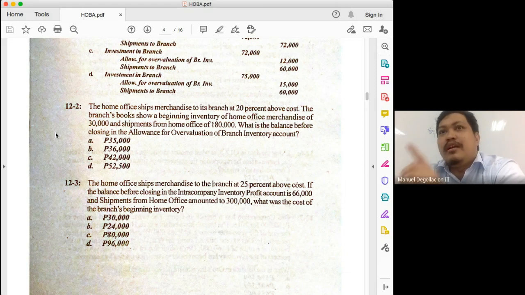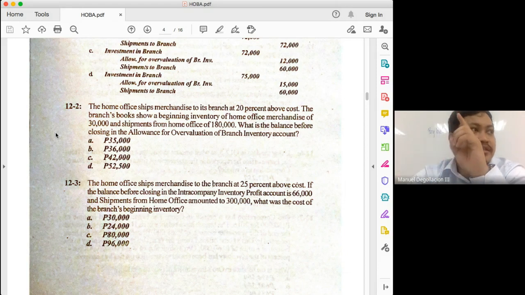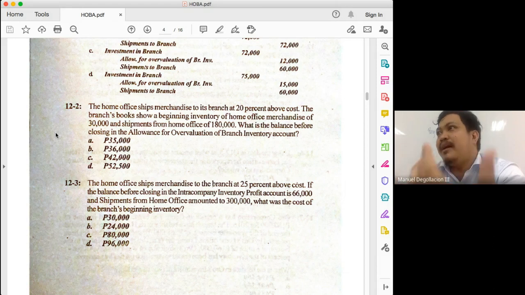Okay. The question now is, is the 264 our tigas at bill price or our tigas at cost? That is still at cost, class. Okay? The 100% is the cost. But what am I asking, class? I'm asking from you the tigas at bill price. So what do you do with the 264?